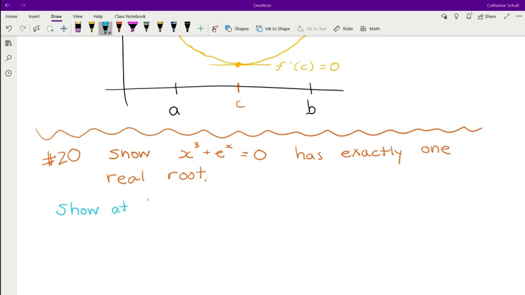So we can show that at least one real root exists, and our technique is to use a theorem, the intermediate value theorem, the IVT.